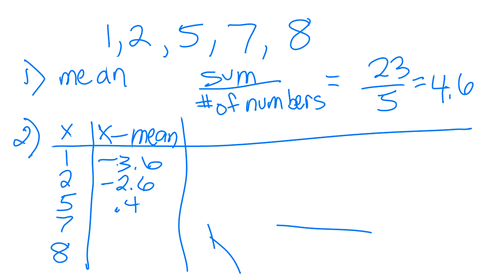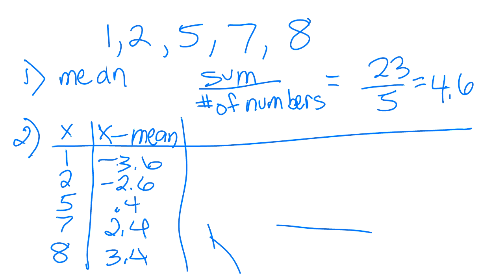7 minus 4.6 is 2.4. And 8 minus 4.6. So maybe this will help if I just did an easier example and then show you how to do it in Excel. 3.4. So that would be the first column, and all I'm doing is going by the definition of standard deviation.